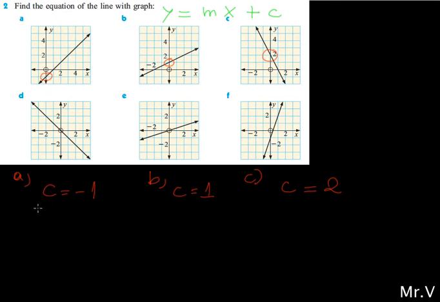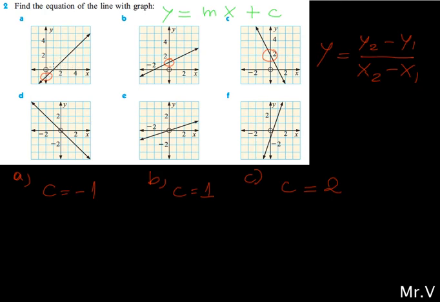Well, you can use the formula of the slope, that is y2 minus y1 over x2 minus x1, but to do this I need 2 points. I need a point 1 and a second point. You can decide which of those 2 points you want to use.